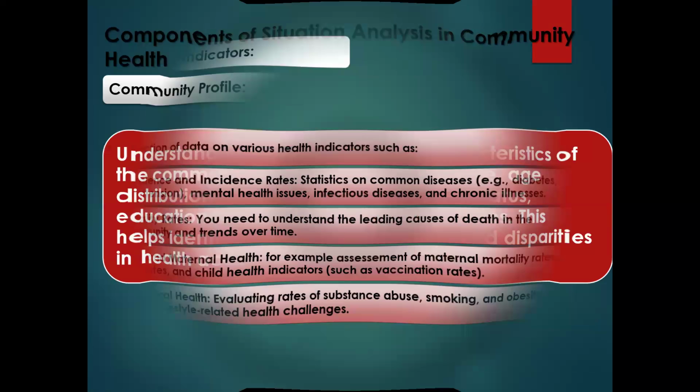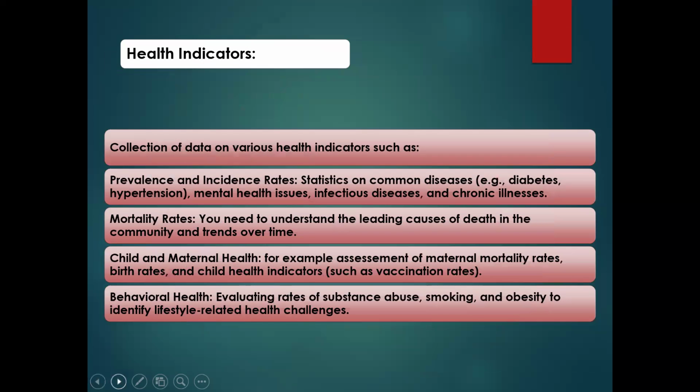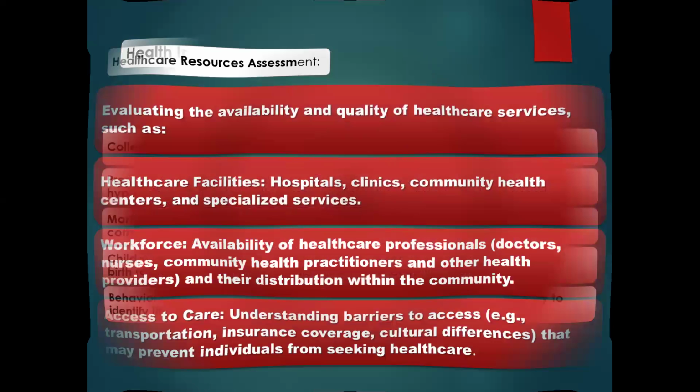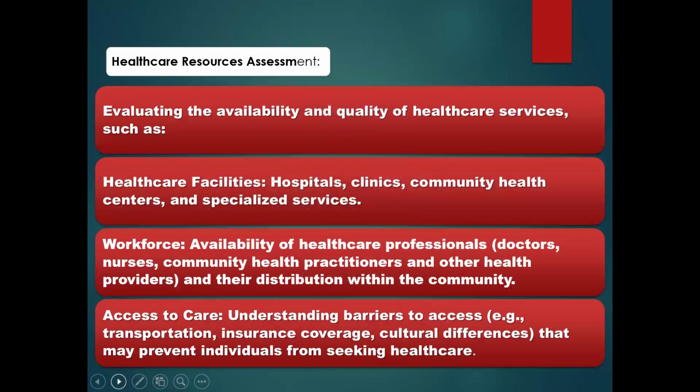Then health indicators, because you're going to be reviewing records from the health facility. Then healthcare resource assessment, very important. You also have to have a very good healthcare resource assessment, which tells us about the availability and quality of healthcare services in that community.